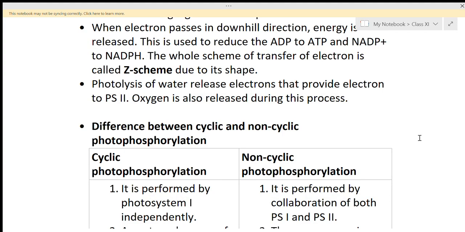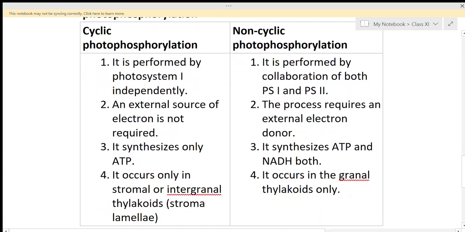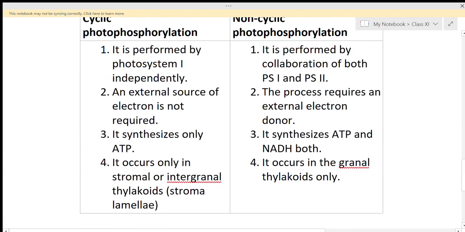But here it is photophosphorylation, which we can define as the synthesis of ATP in the presence of light. The photo word is for the sunlight. So two types of photophosphorylation are there, cyclic and non-cyclic.